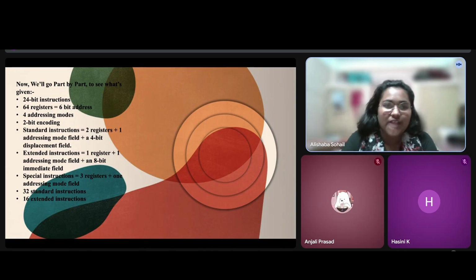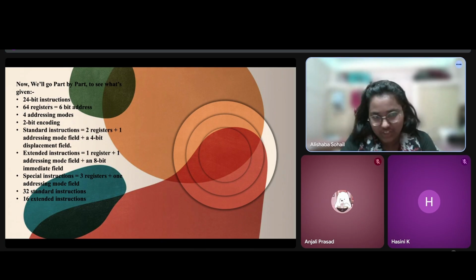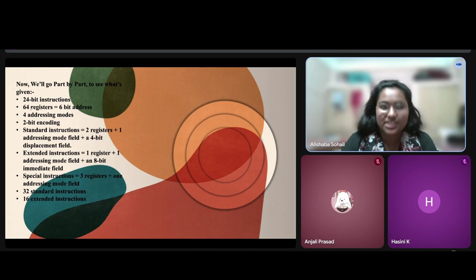First of all, we're going to start with a 24-bit instruction. We were given that there are 64 registers, which implies a 6-bit address. Then there are 4 addressing modes, each with 2-bit encoding. Now we have 3 types of instructions.